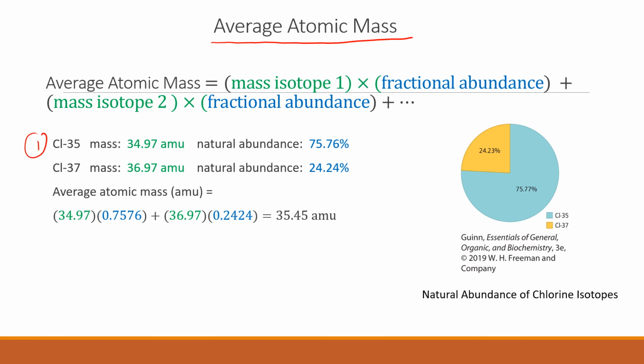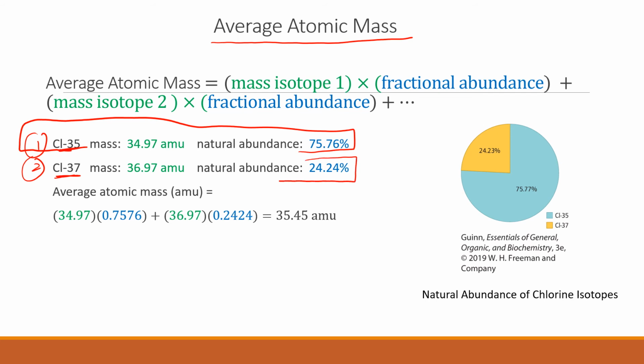The first is called chlorine 35 and the second is called chlorine 37. In nature, 75.76% of chlorine atoms belong to chlorine 35 and about 24.24% belong to chlorine 37.